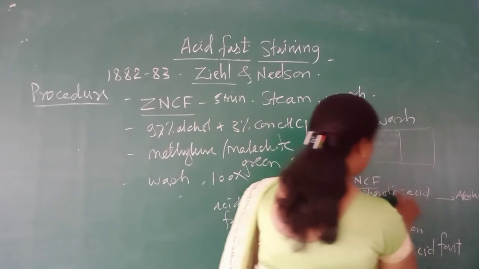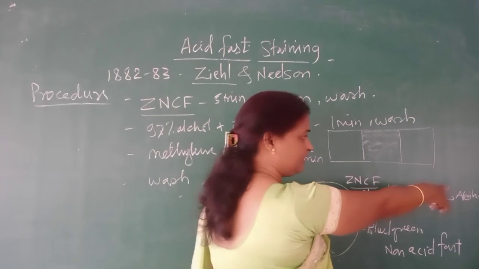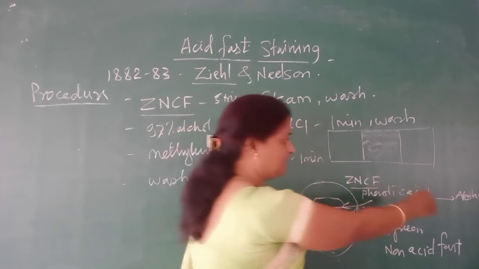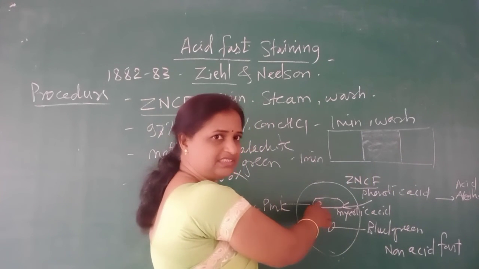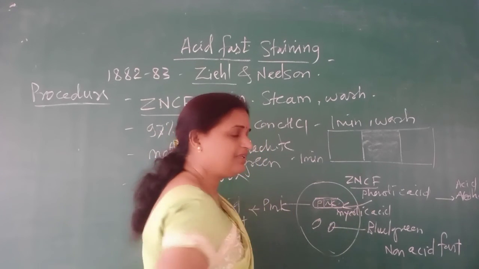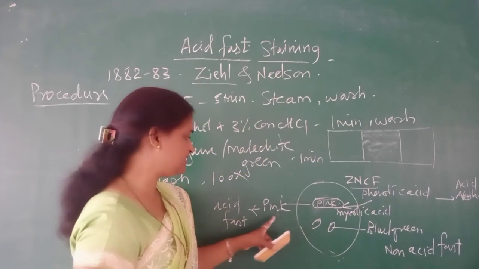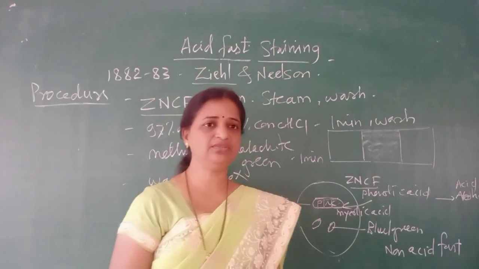ZnCF is more soluble in mycolic acid than in the acid alcohol used as a decolorizing agent. So once the phenolic stain enters into the cell, it gets trapped and your cell remains pink even after decolorization. So pink cells are called acid fast, and these green or blue cells are called non-acid fast bacteria.